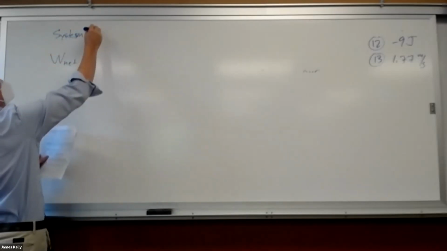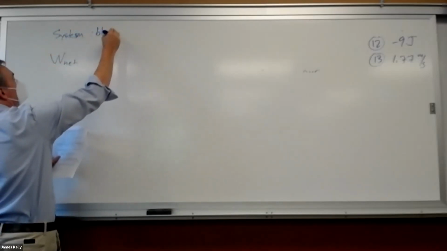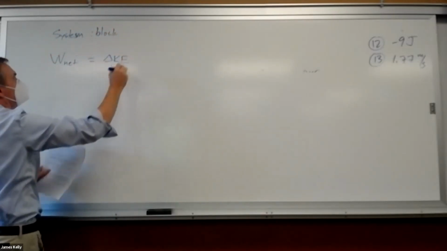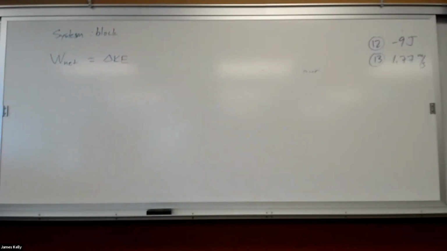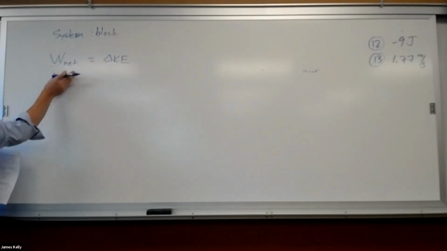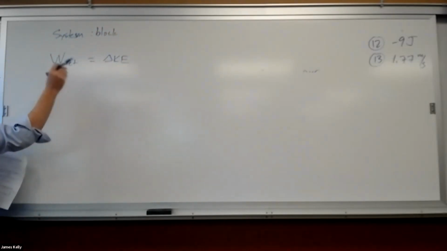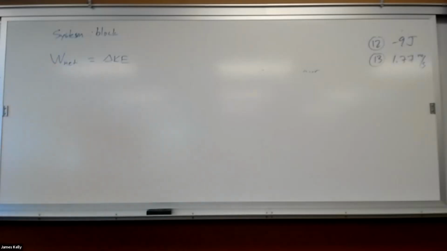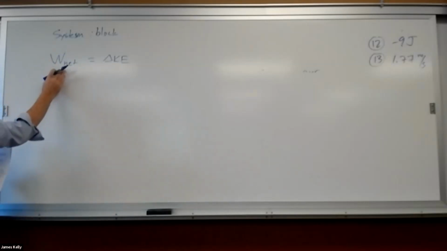Yeah, just the block. My block's a particle. So I can use the work kinetic energy theorem in this case. There are 3 forces acting as it's sliding along: the friction force, the weight force, and the normal force. The weight force and the normal force do 0 work. So the net work done by all forces is just the work done by the friction force.